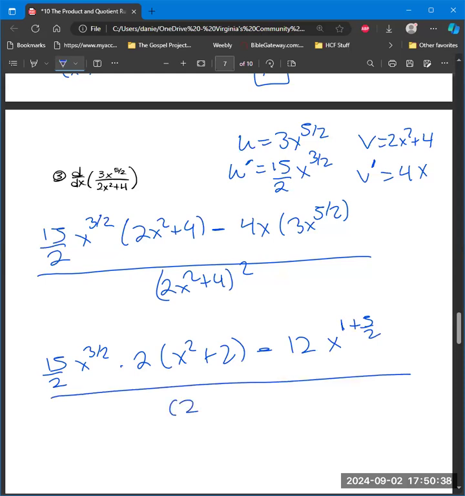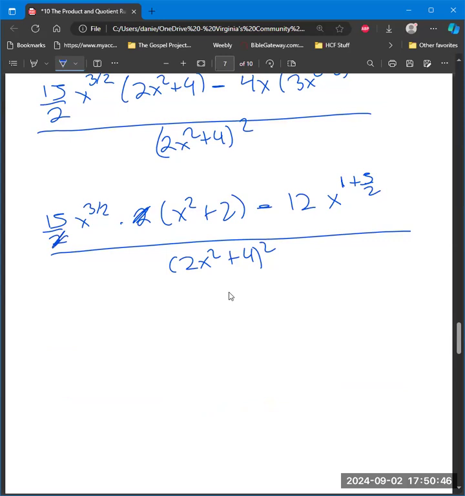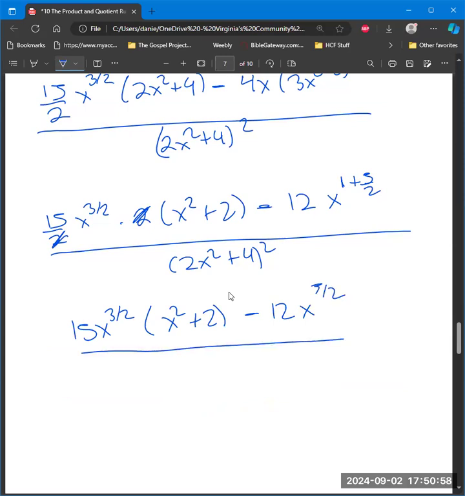Over 2x squared plus 4 squared. That will cancel. This leaves me with 15x to the 3 halves times x squared plus 2 minus 12x to the 7 halves over 2x squared plus 4 quantity squared.